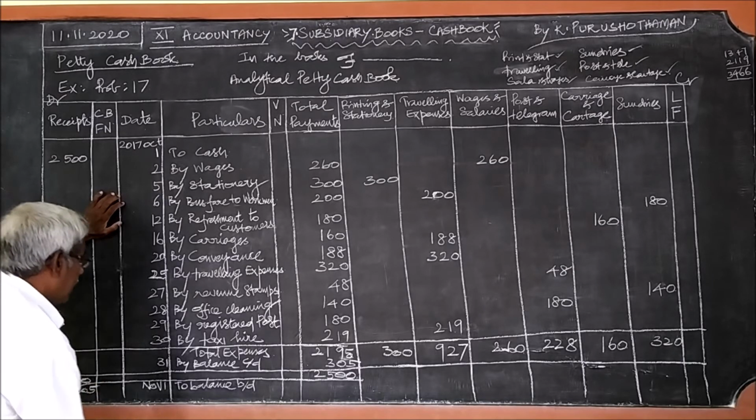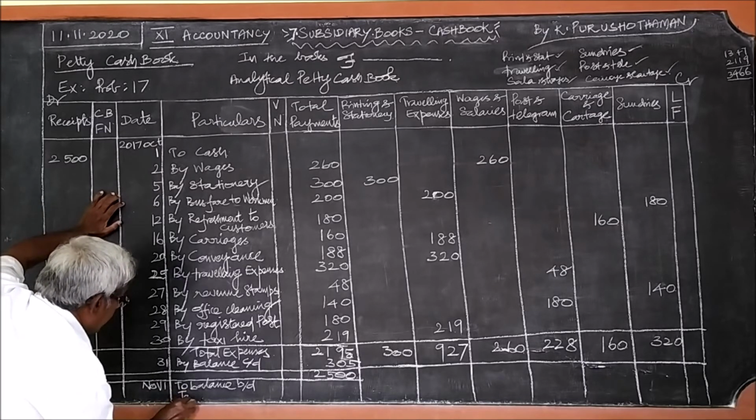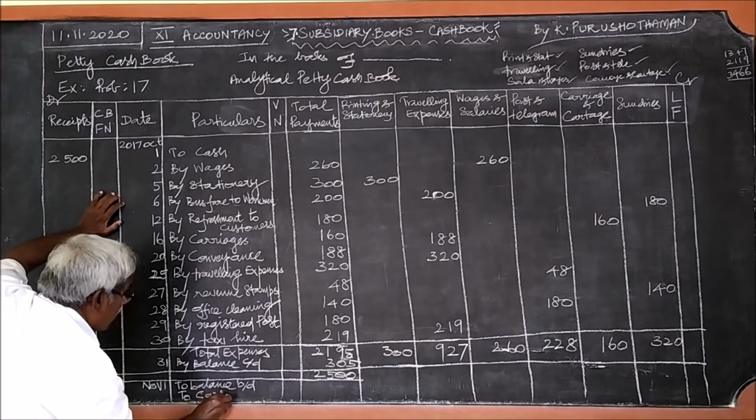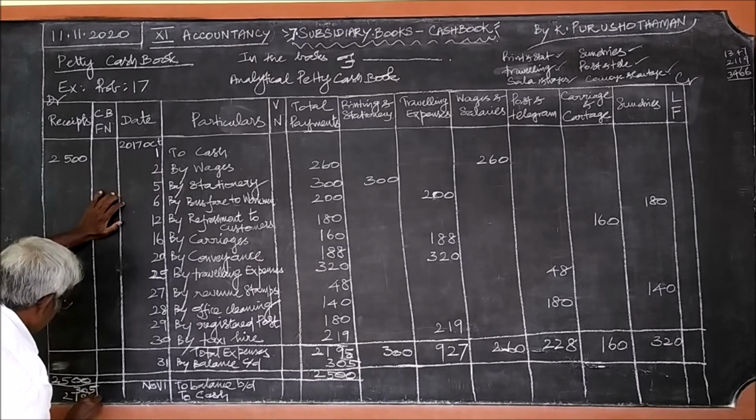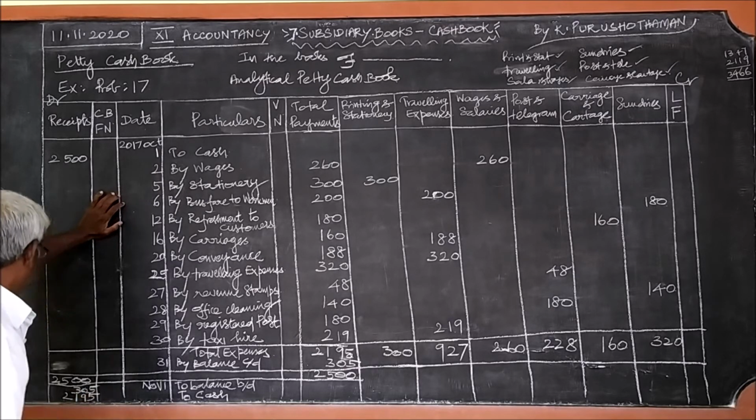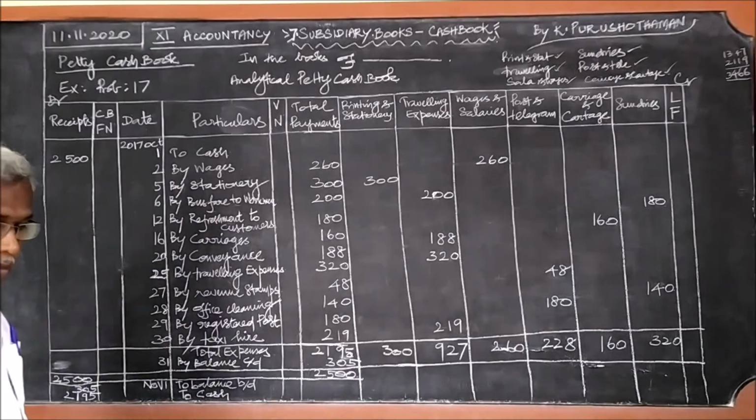Then what should be the amount received from the cashier? To cash, the amount 2,195. What is this?